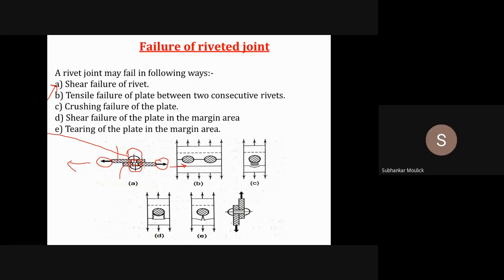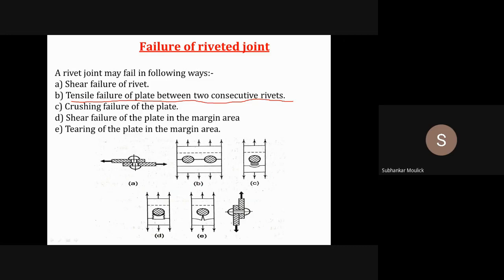The second type of failure is tensile failure of plate between two consecutive rivets. Read the line carefully. It is tensile failure of plate. That means failure of the plate is occurring between two consecutive rivets.